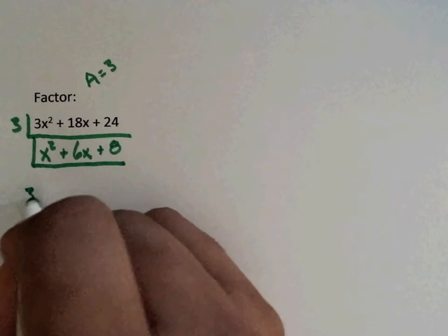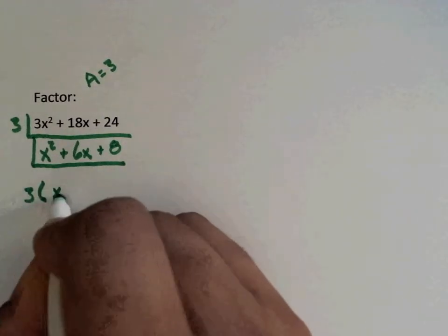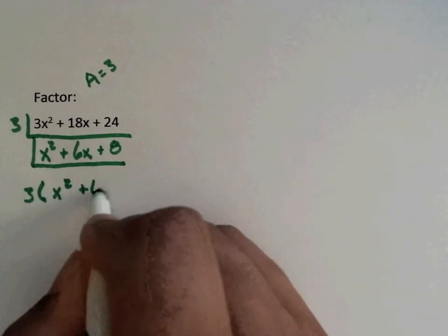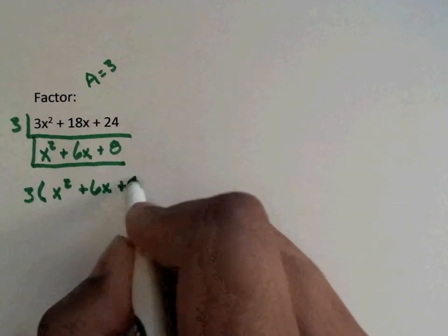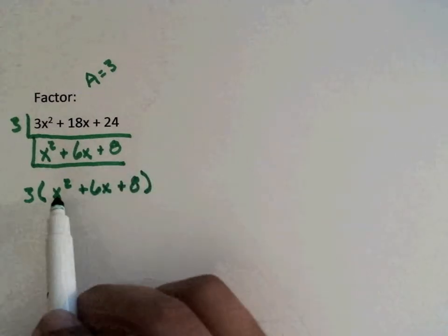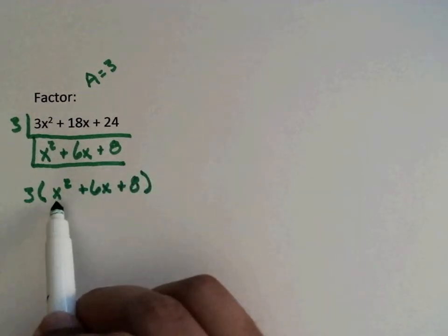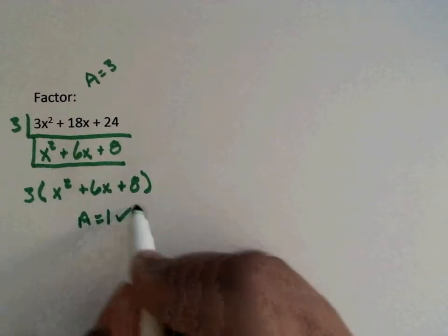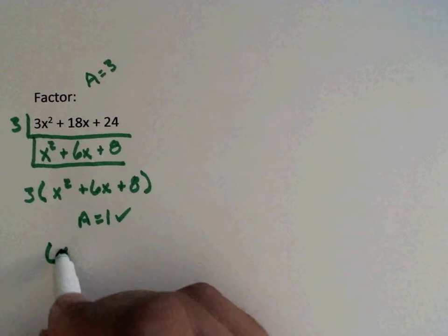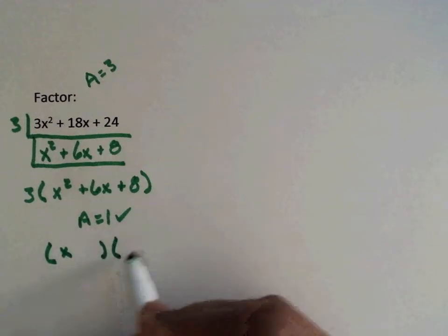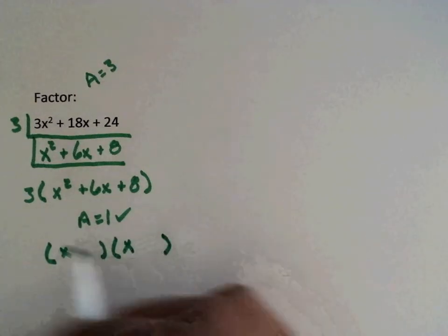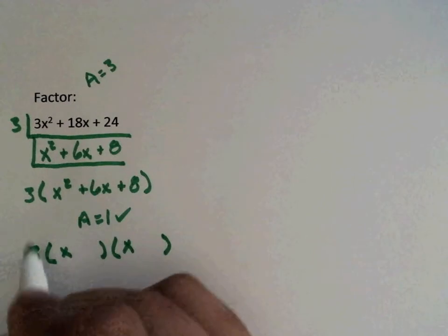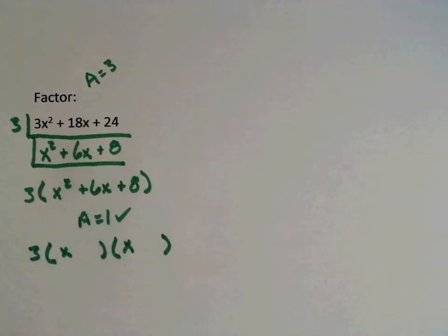So now I'm left with 3 times x squared plus 6x plus 8. And so when I look at my a term, it is now 1. So my a is 1, which is great, because now I can just set up (x)(x). I'm going to put my 3 in the front because that still is considered part of it.